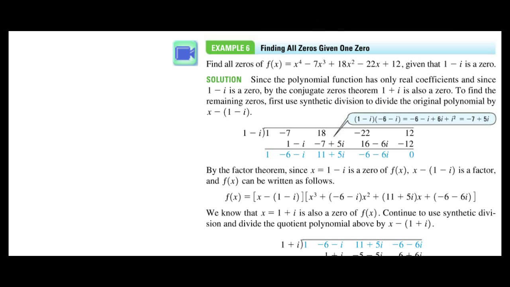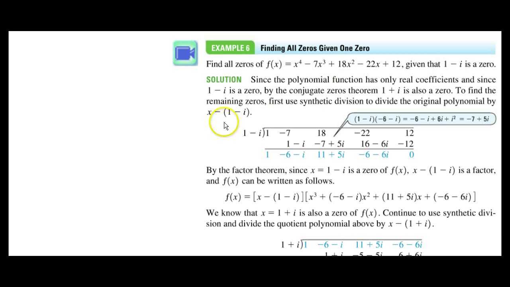In example 6, they're asking you to find all zeros given one zero. Here, they're giving you this polynomial function, and one of the zeros is this, which is an imaginary number.